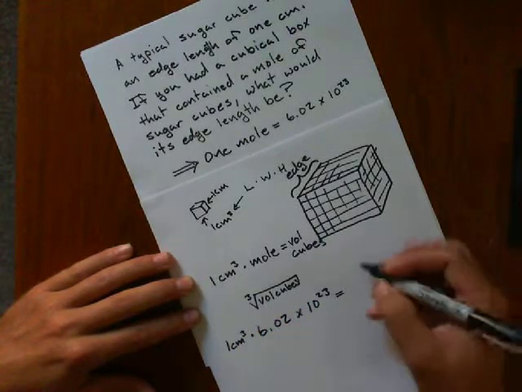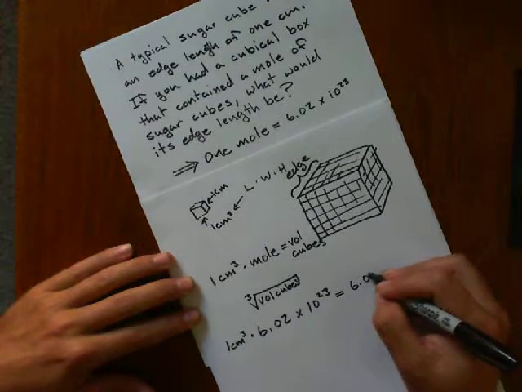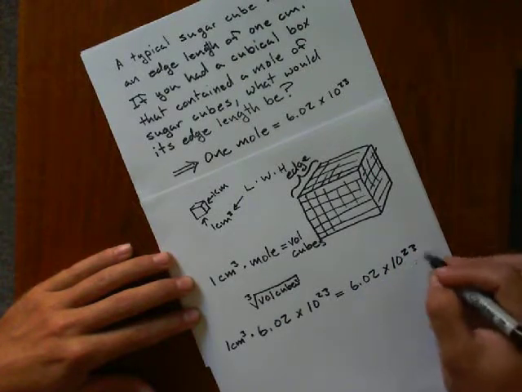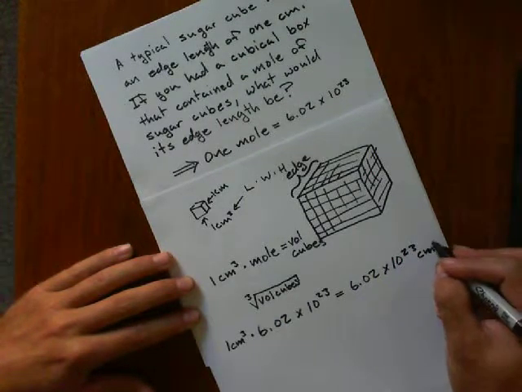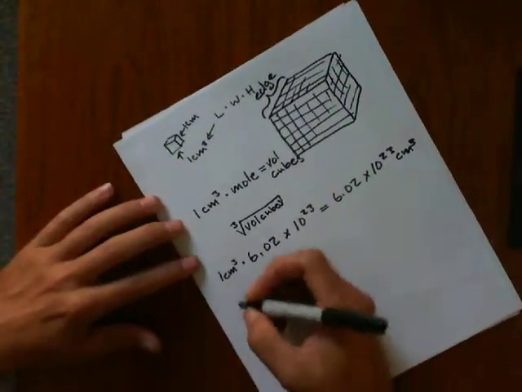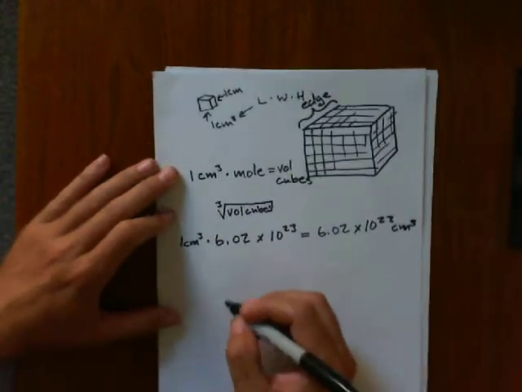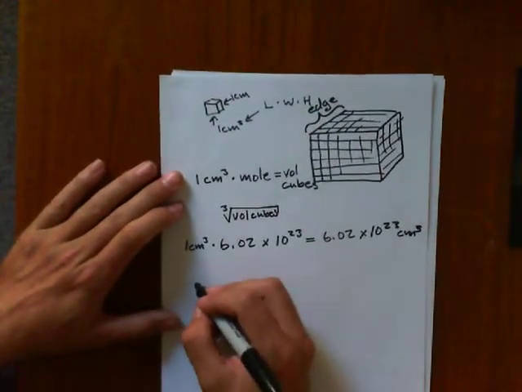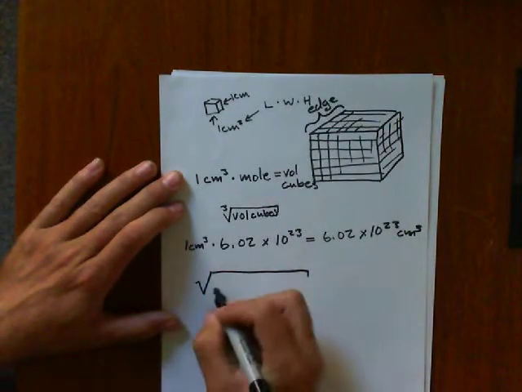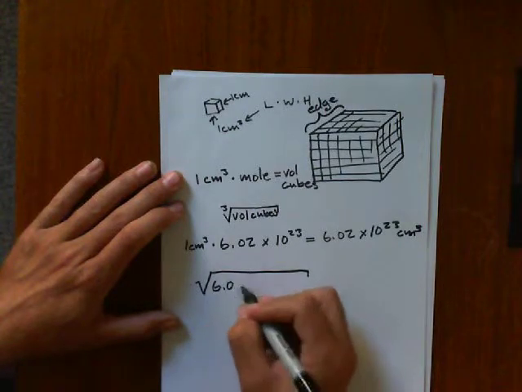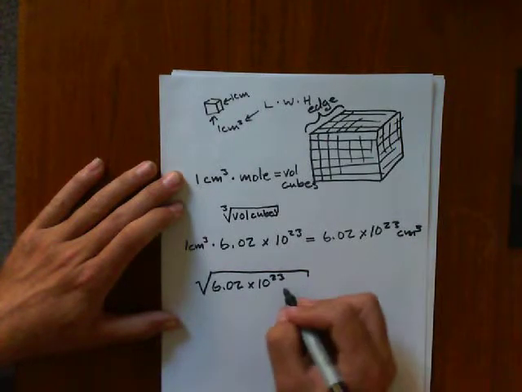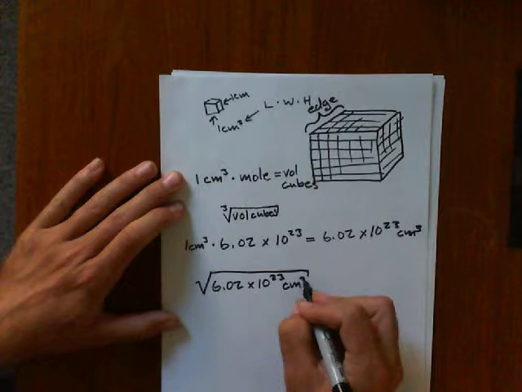That simply equals 6.02 times 10 to the 23 centimeters cubed. Now we're going to take the cube root of that.